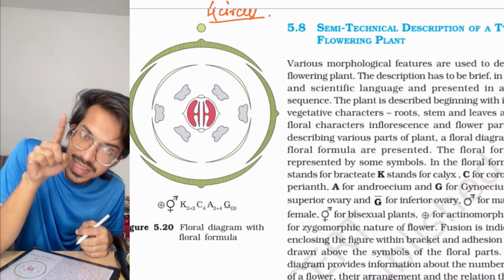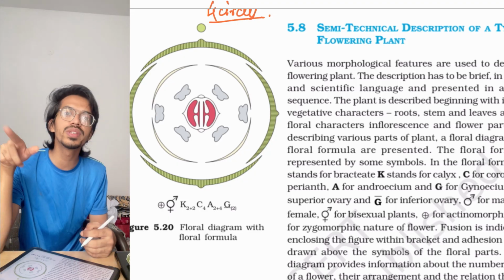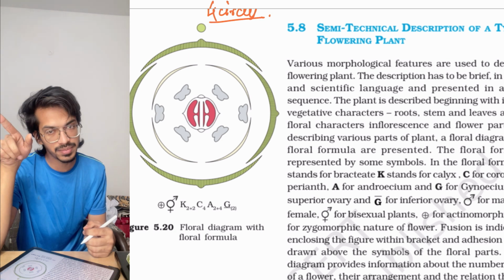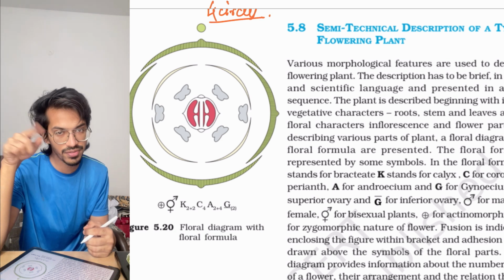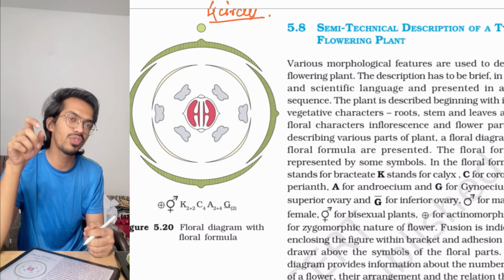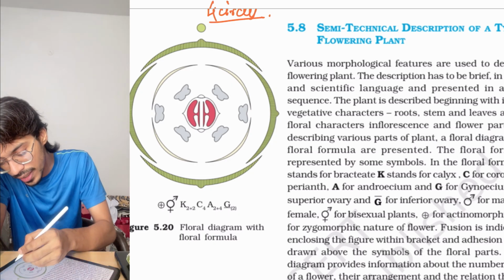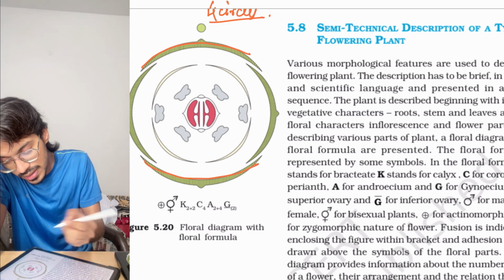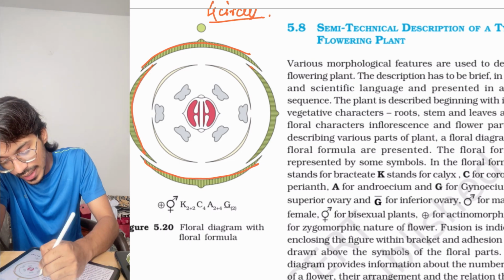Now, they could be present in a single circle, or in more than one circle. If any part is present in different circumferences, we write them separately but in the form of a plus. If you see over here, this green color is the calyx. Two are present on the outer circle and 2 on the inner.